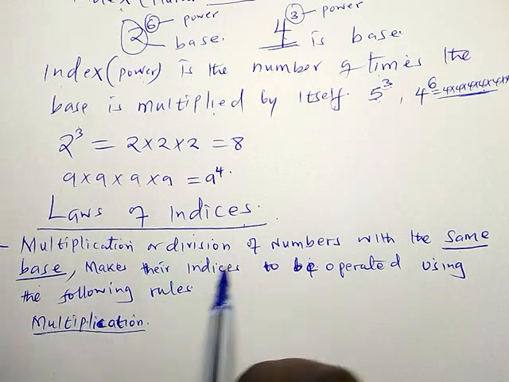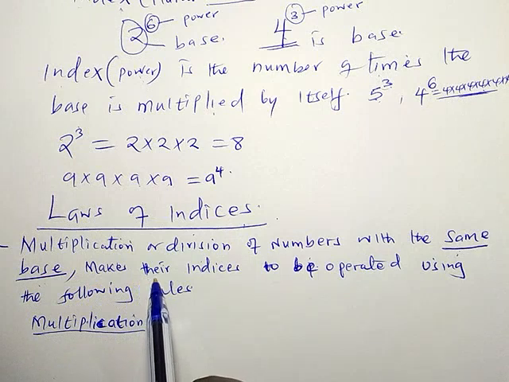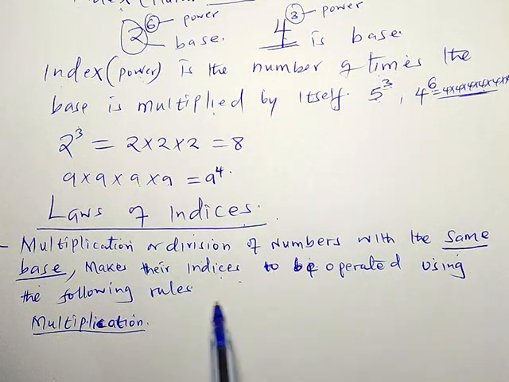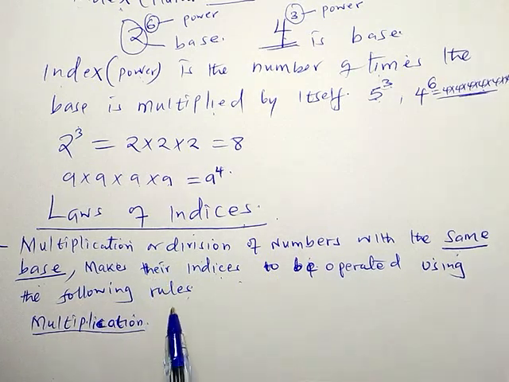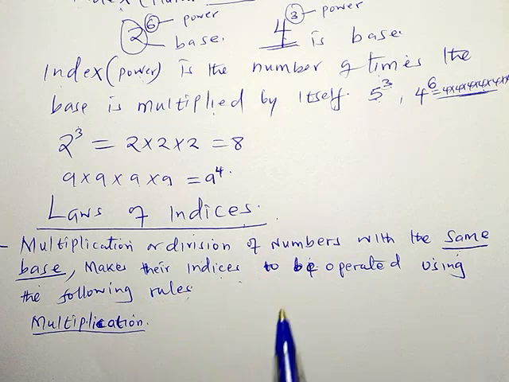You must mark that, same base, makes the indices of these numbers to be operated using the following rules. So there are rules we are going to learn when we multiply numbers which have a certain power or index and they have the same base. So the rules are as follows.